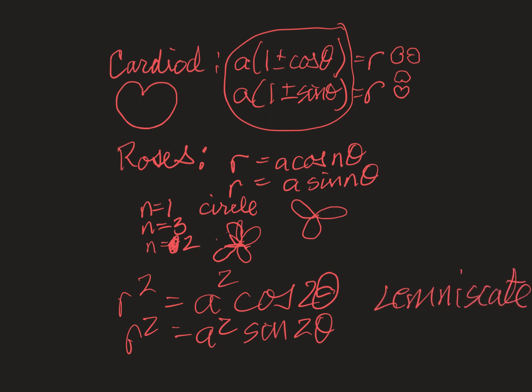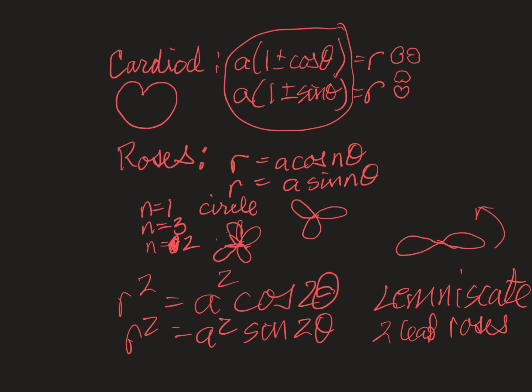All right. And they basically are like 2-leaf roses. So instead of a 3 or 4-leaf rose, they basically look like the infinity symbol, and it can be rotated. All right.